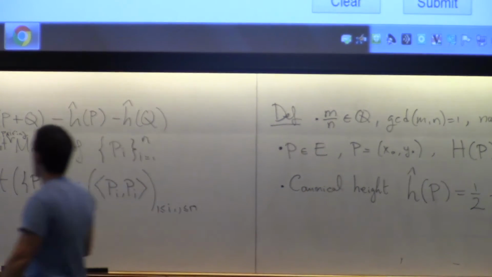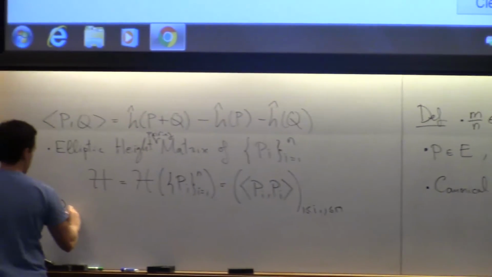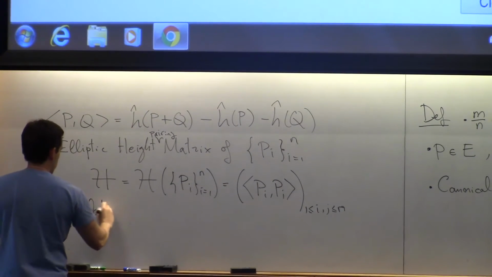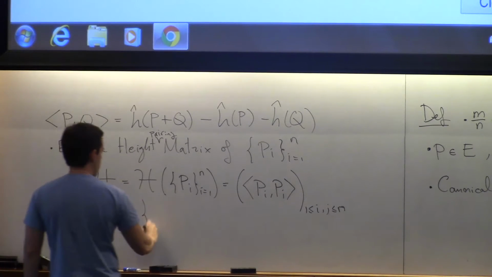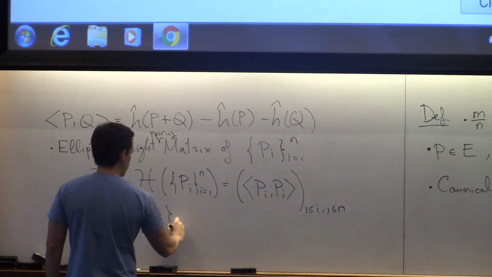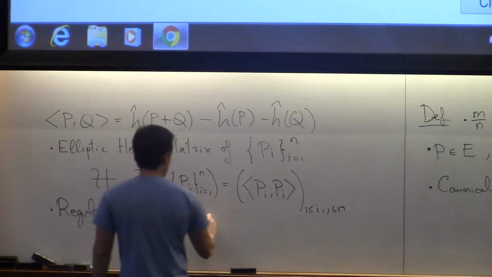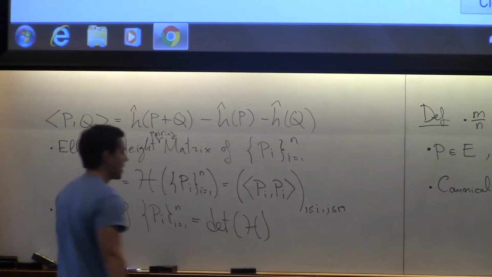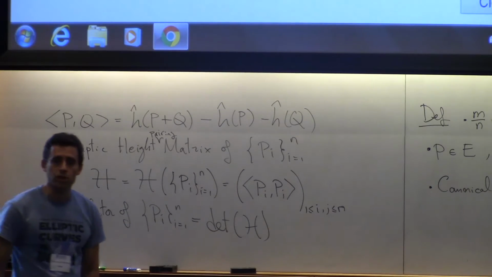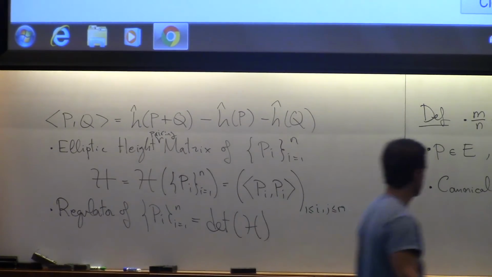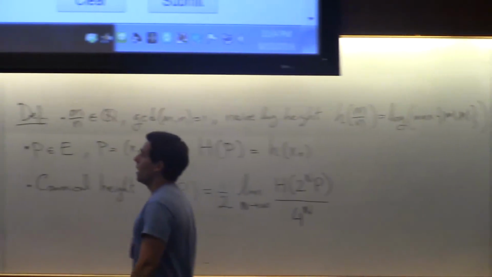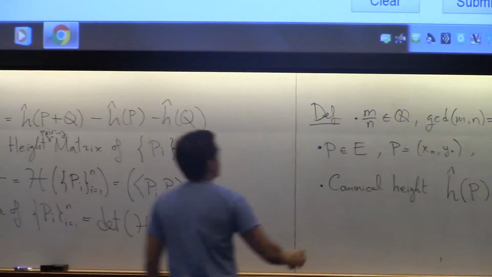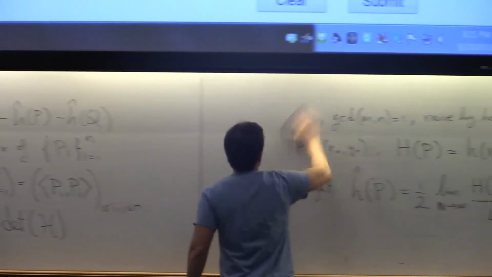Okay? So I call this the regulator of the n-tuple of points. That is going to be the determinant of H, the elliptic height pairing matrix. And again, I'm not proving to you these properties.